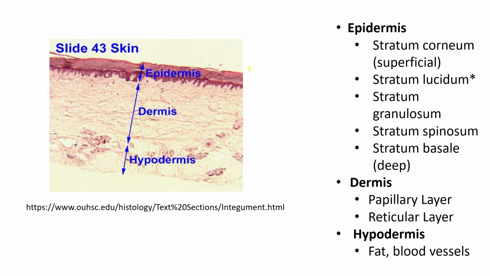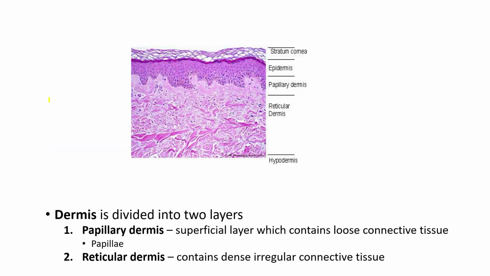So now that we've zoomed in on the epidermis, let's zoom in on the dermis. And remember, the dermis has, from superficial to deep, the papillary layer and the reticular layer. This is an H&E slide of the papillary and reticular dermis. In this picture, we can appreciate the papillae, which is the more superficial layer, and then we have the reticular dermis, which is more deep.